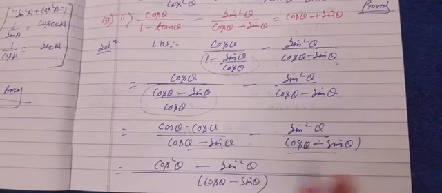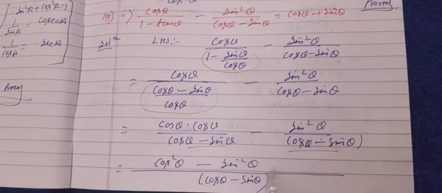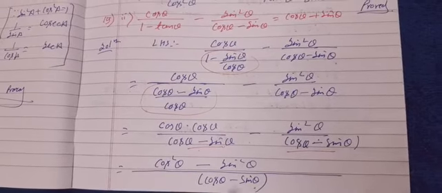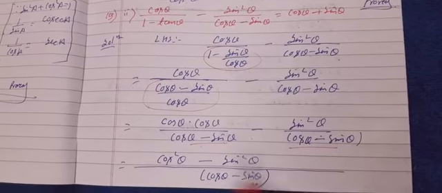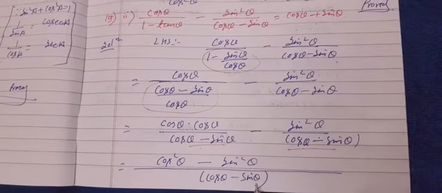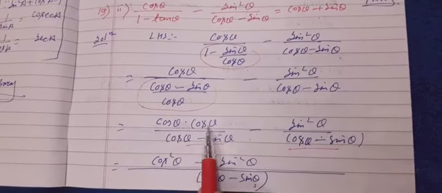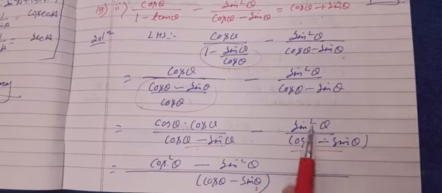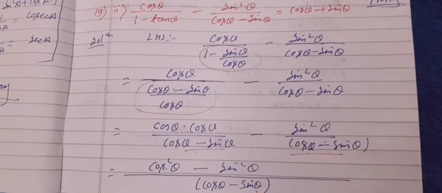Then I found that both denominators are the same, so I have taken the LCM cos theta minus sin theta, and here it is cos square theta minus sin square theta, so I have written that.